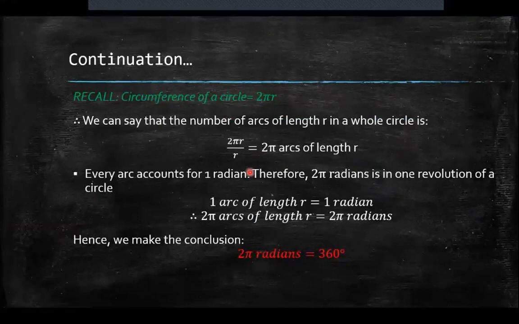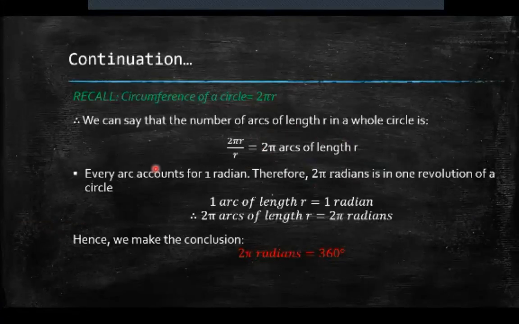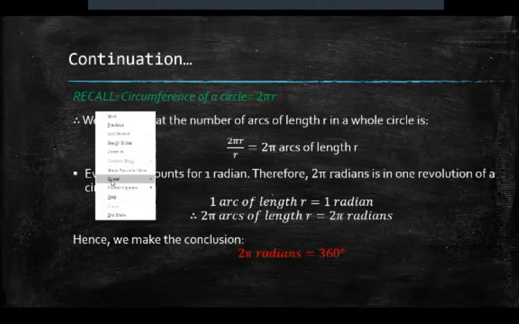We just found out that there are 2 pi arcs of length r in a complete circle. But that's not what I want to find out, right? I want to know how many radians are there in a complete circle. So let's go back to the board. This is 1 rad, right? This is r and this is r.